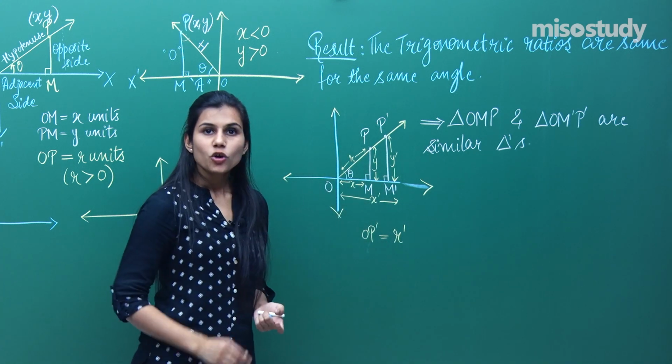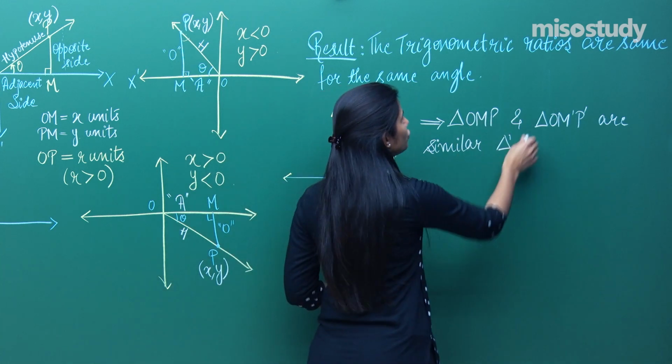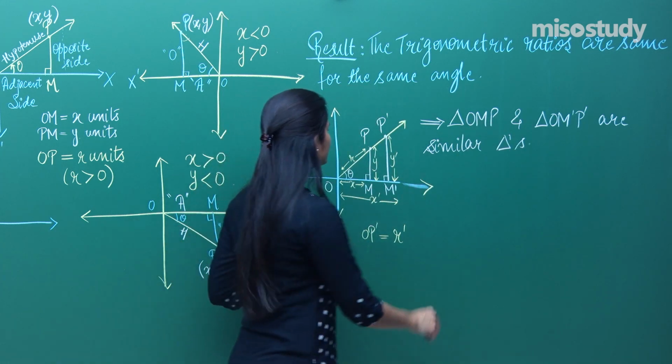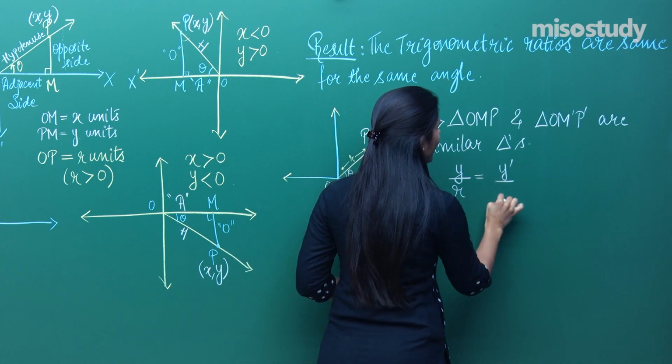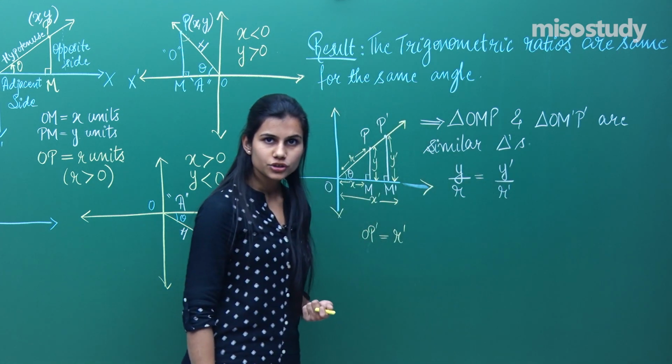In that case, what you will obtain, because these two triangles are similar, you are going to obtain that y upon r is same as y dash upon r dash.